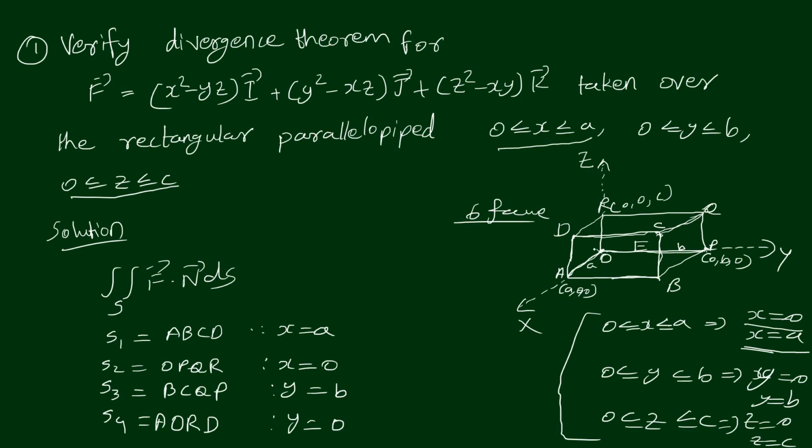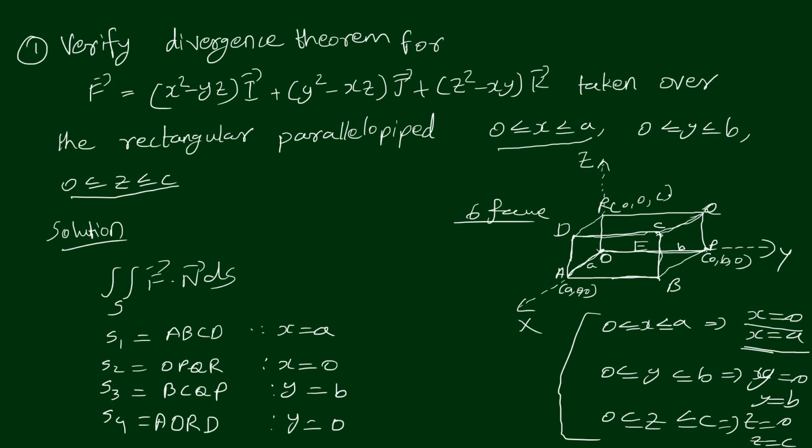Similarly, two more planes. What are the remaining two planes? S5 we can consider as the plane C, D, R, Q. It is a plane parallel to the XY plane.